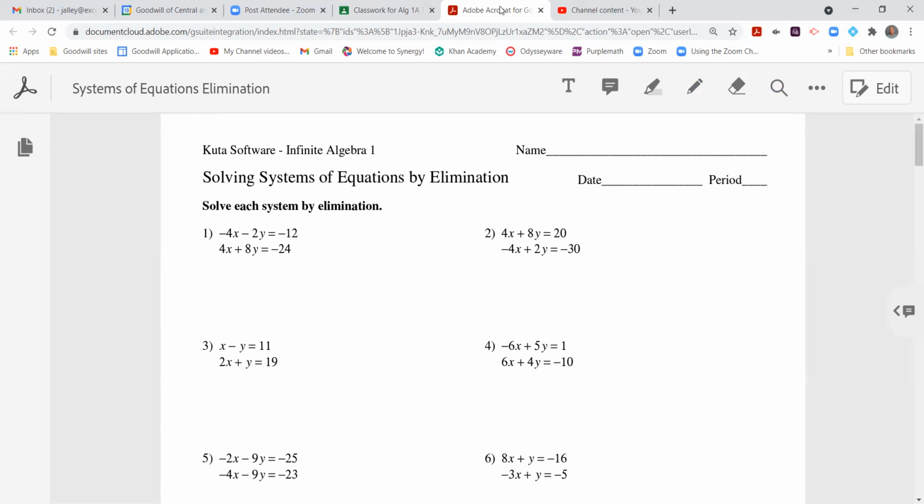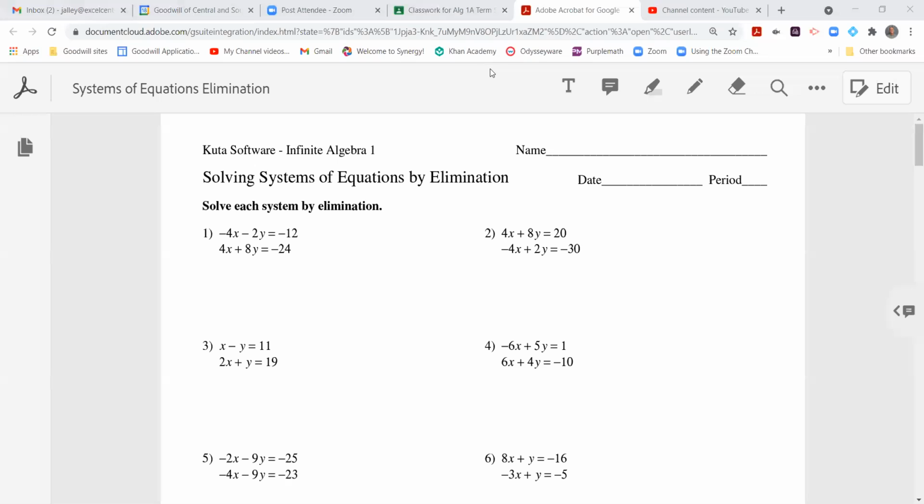By graphing. 2 other solution techniques. What are the other ways that we can solve systems problems? It's right on your screen, one of them. Elimination.